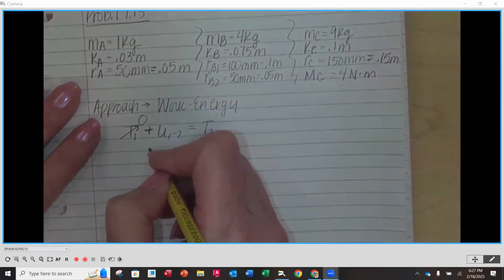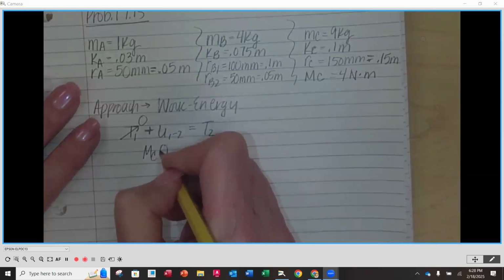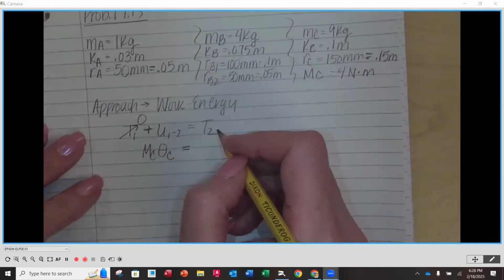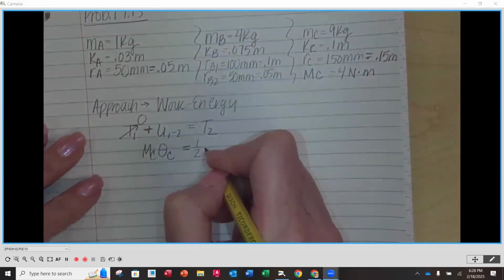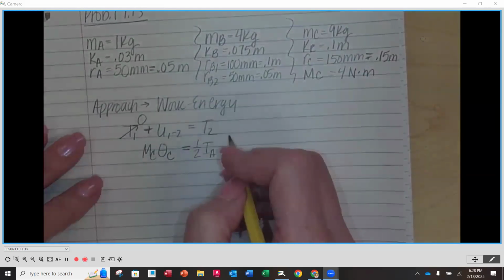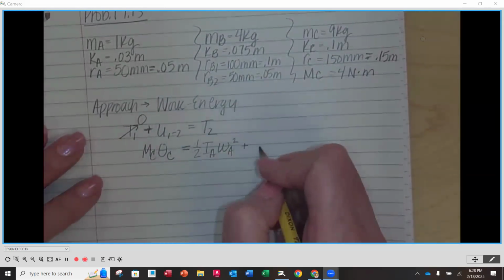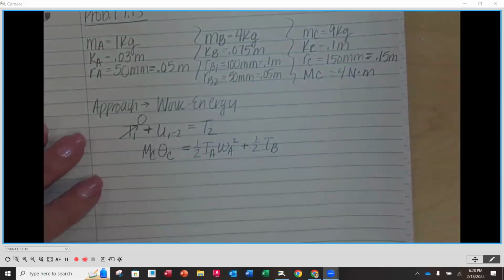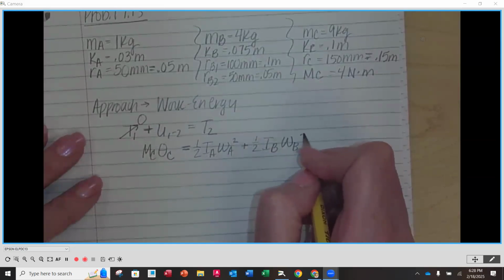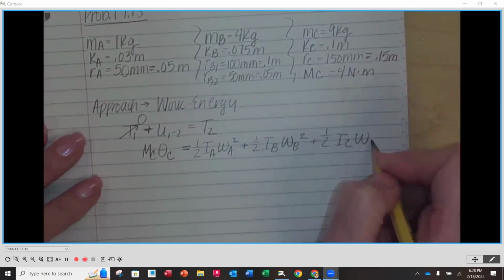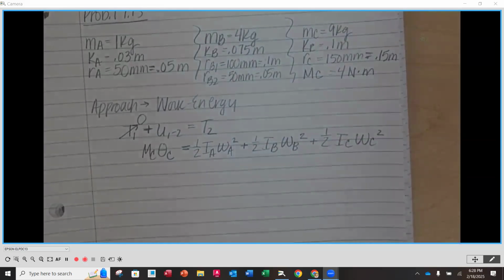So we know that our work, this is rotating, is going to be the moment at C times the number of revolutions or the radians at C, the angle for which it goes through, is going to be equal to, because that's where the work is going in, 1/2 moment of inertia at A times the angular velocity at A squared plus 1/2 moment of inertia at B times angular velocity of B squared plus 1/2 moment of inertia at C times angular velocity of C squared.